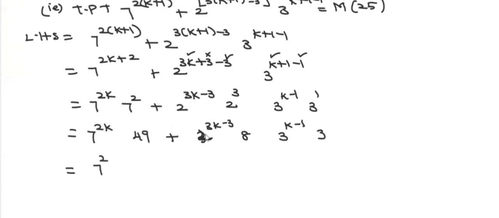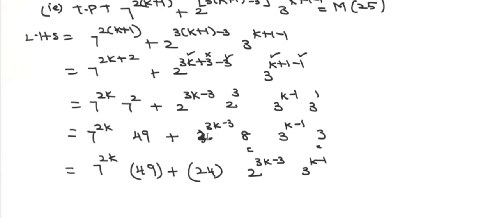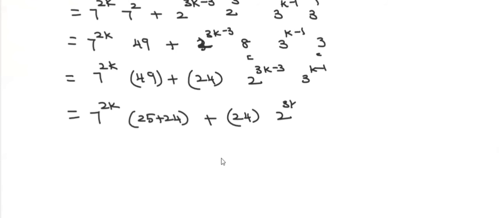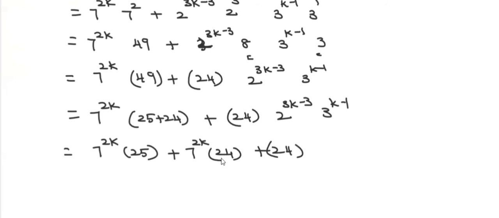Next step: 7^(2k) into 49, plus 8 times 3, which is 24, times 2^(3k-3)·3^(k-1). Now 49 can be written as 25 plus 24. So 7^(2k) into 25 plus 7^(2k) into 24 plus 24 into 2^(3k-3)·3^(k-1).